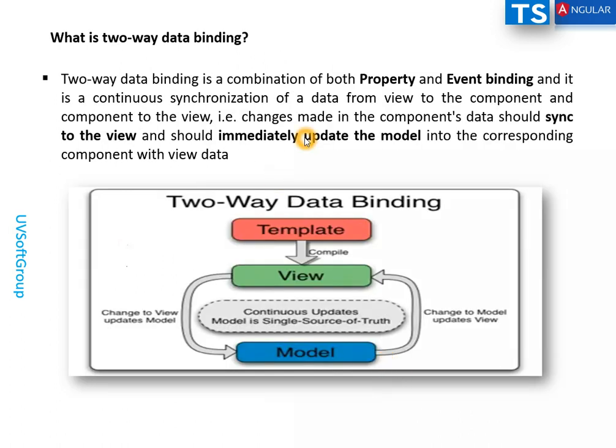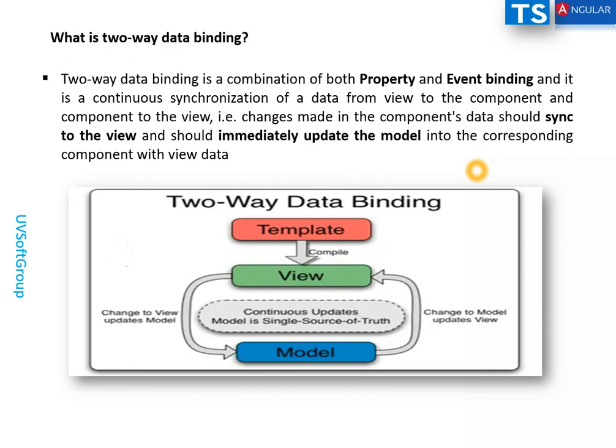So this is the most important one, because in every web application nowadays there's two-way data binding. That means it's dynamic. If you change the view, the model will change. If you change the model, the view will automatically synchronize. So two-way data binding is a combination of your property and event binding. That's why I said this is the most important.